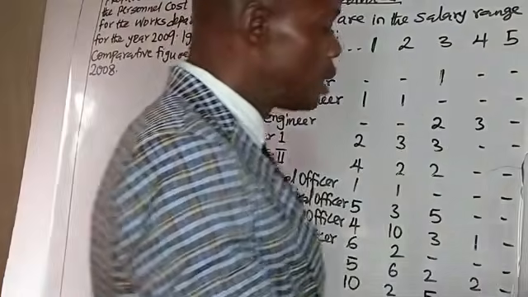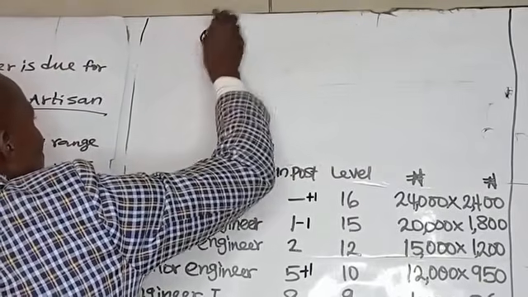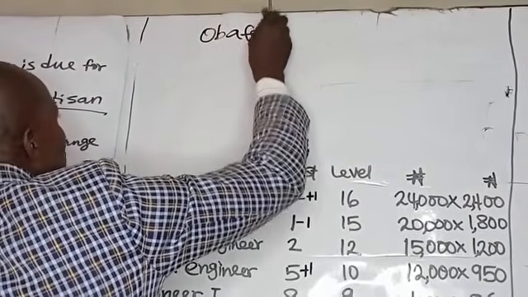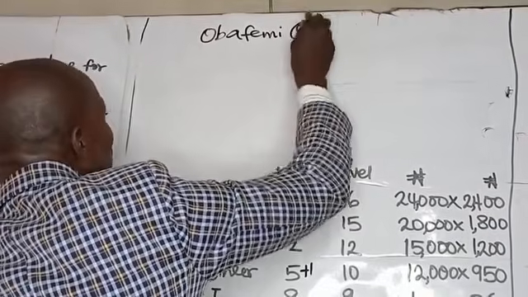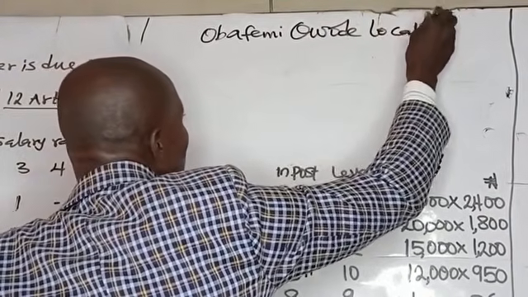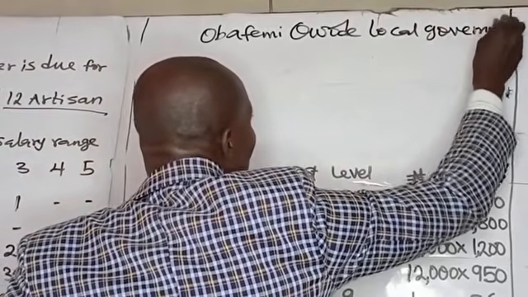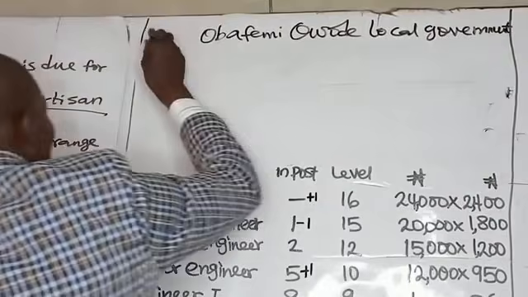Remember, the name of the local government is Obafemi Owode Local Government Council.